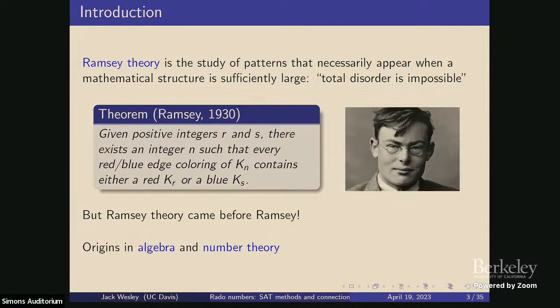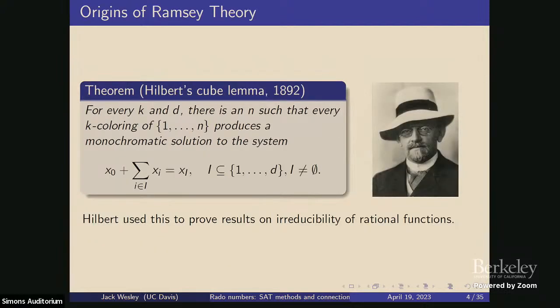What might be argued to be the first Ramsey type theorem is called Hilbert's cube lemma, which I've written in this form. It says that for every number of colors k and dimension d, there's an n where if you k-color a large enough interval 1 through n, you will find a monochromatic solution to this system of equations.